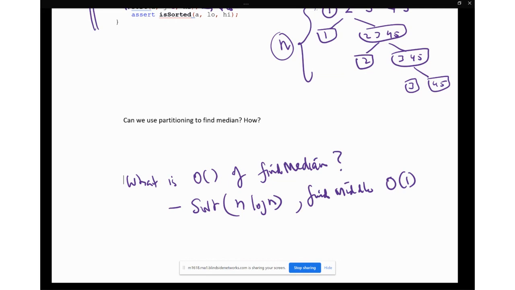Okay, so some people have suggested partitioning on the middle array index. That doesn't guarantee that you're going to find it. Someone commented, wouldn't the partitioning give us the midpoint? Can you explain that a little bit more?